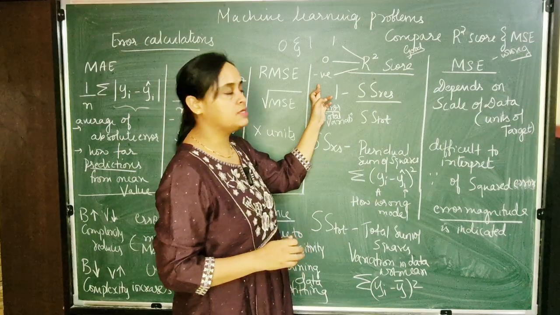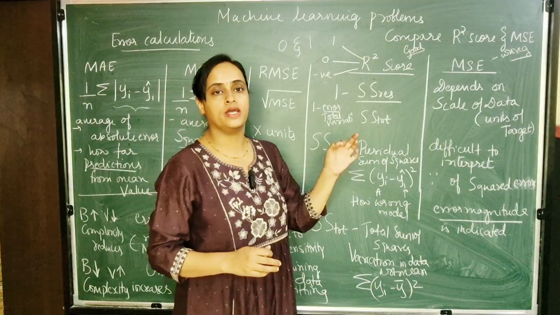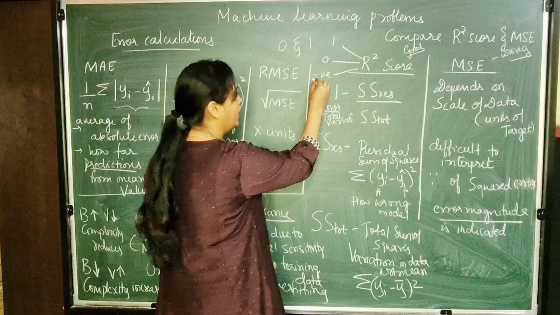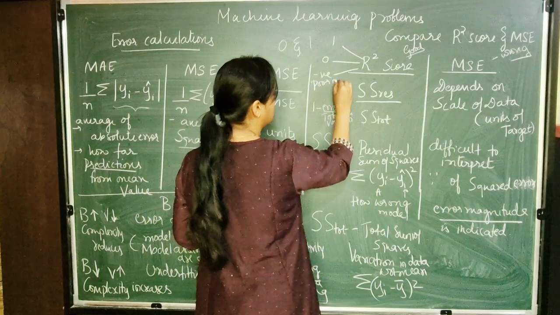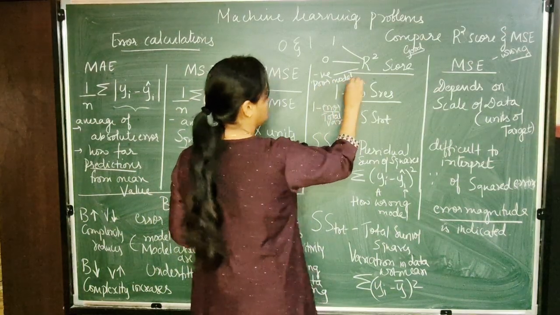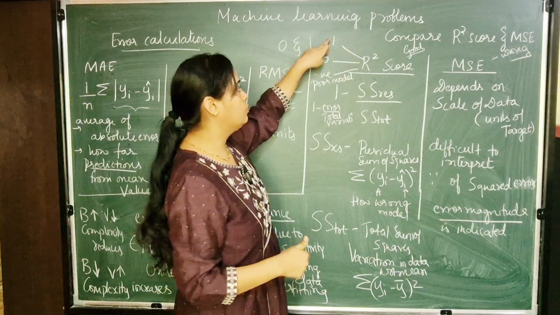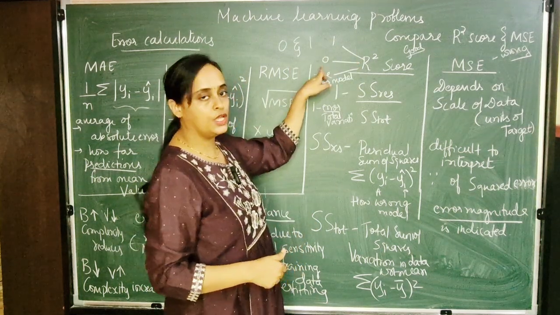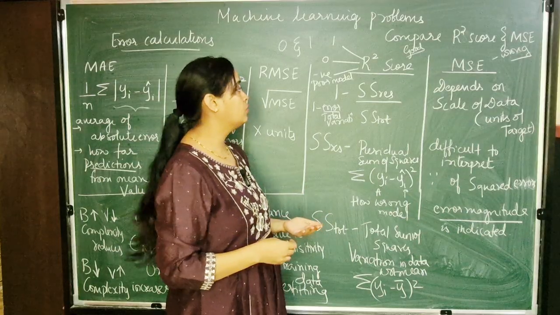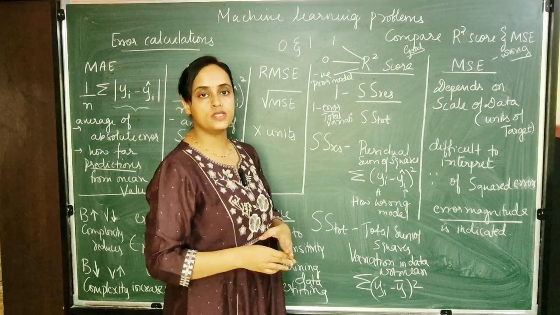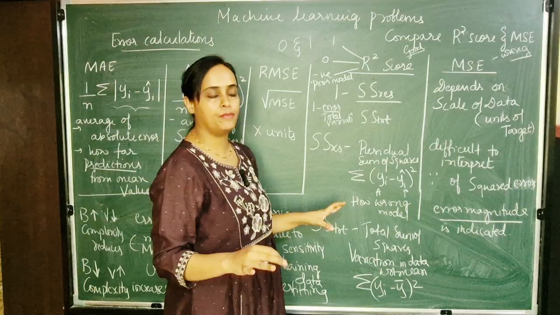If the R square value is negative, that means it is a very poor model. So good model if R square is equal to 1. If R square is equal to 0, that means improvement is needed. Whereas if it is negative, the model is totally poor in performance.